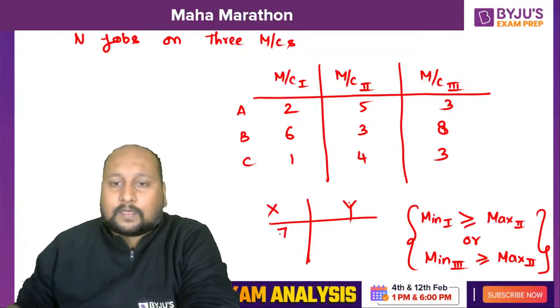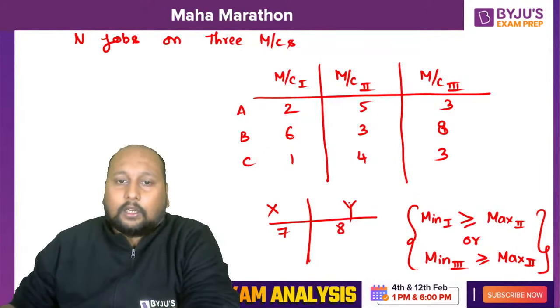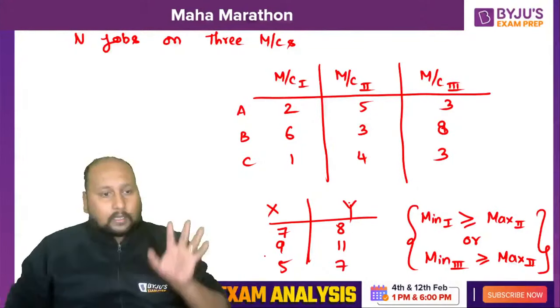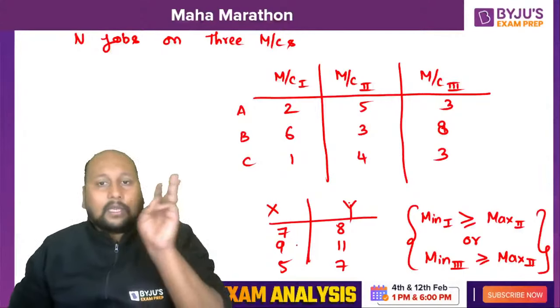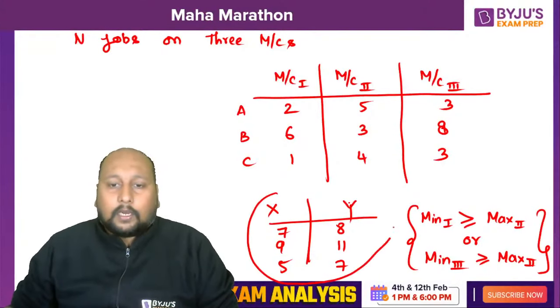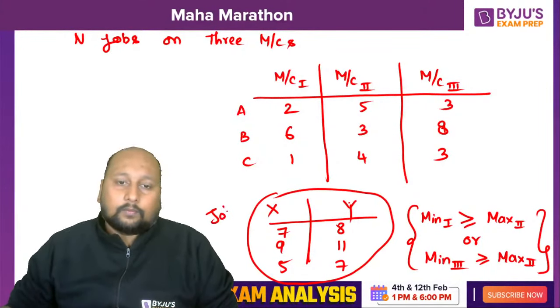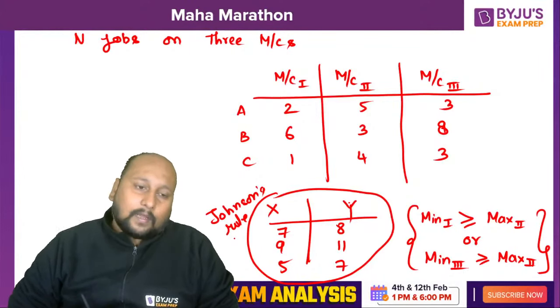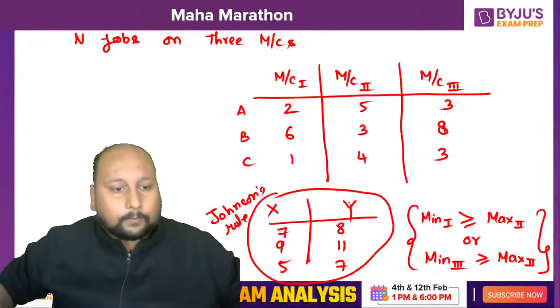So 2 plus 5 is 7, 5 plus 3 is 8. 6 plus 3 is 9, 3 plus 8 is 11. 1 plus 4 is 5, 4 plus 3 is 7. Now I have converted my 3 machine job into a 2 machine job. Now I can apply Johnson's rule over here, and by doing so, now we can have the correct sequence.